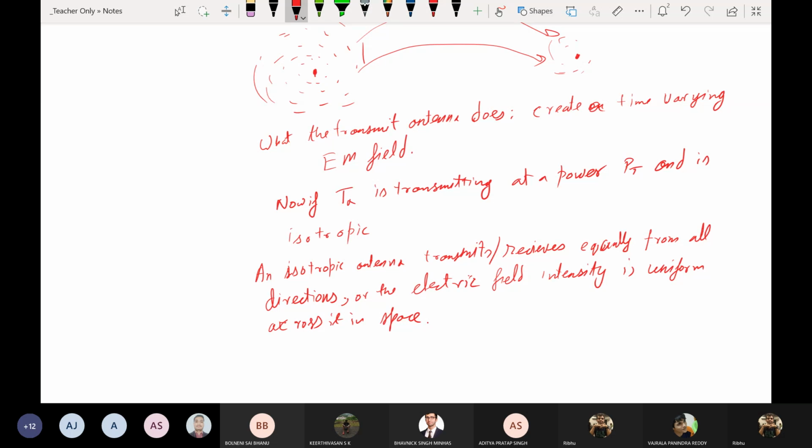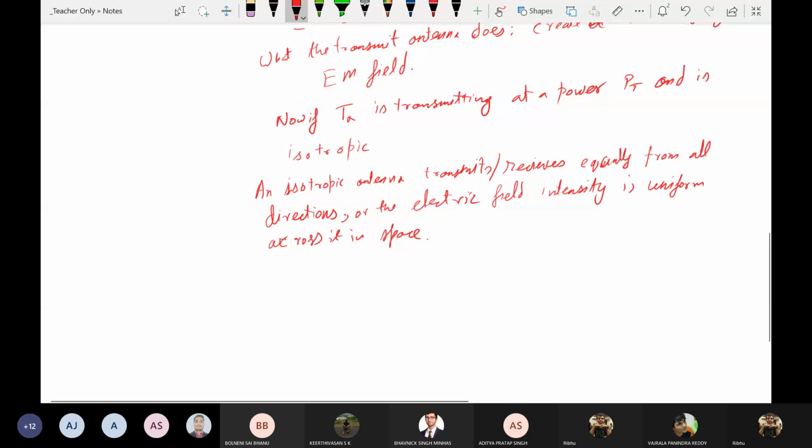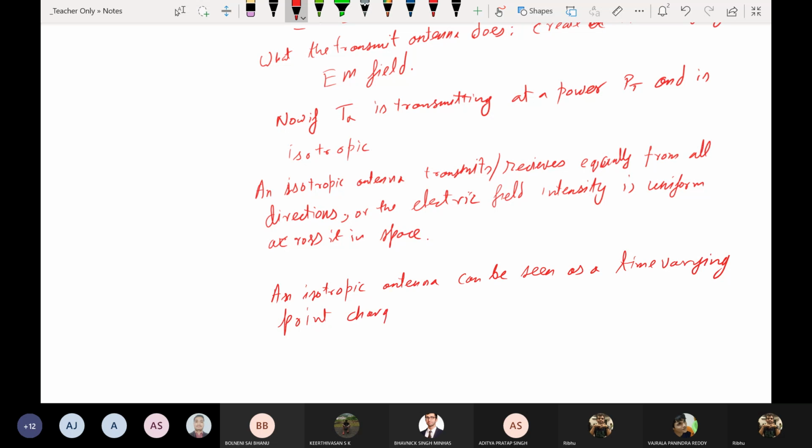So now this means that an isotropic antenna can be seen as a time varying point charge creating an electric field.